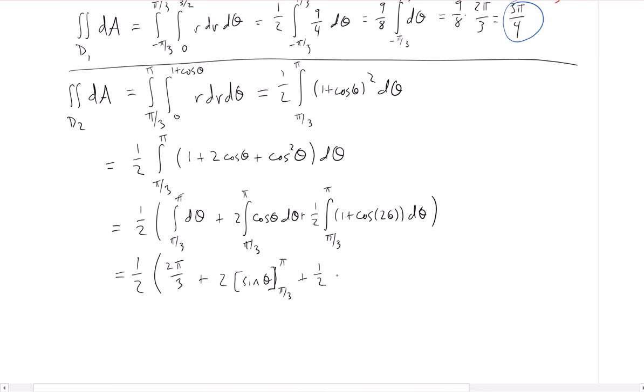And then, again, the integral of 1 is just theta. So it's pi minus pi over 3, which is 2 pi over 3. And the integral of cosine 2 theta is 1/2 sine of 2 theta, which we have to evaluate from pi over 3 to pi.